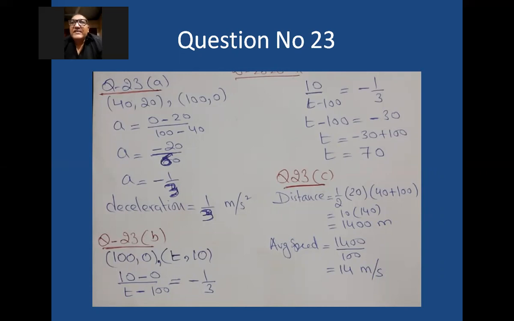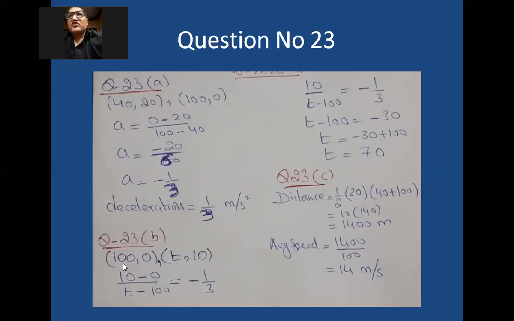So 10 divided by t minus 100 equals minus 1 by 3. Just cross multiply, so I will have t minus 100 equals minus 30. This minus 100 goes to the other side and it will add, so t equals minus 30 plus 100, and t equals 70. So the t value is 70. You see how easy it is.